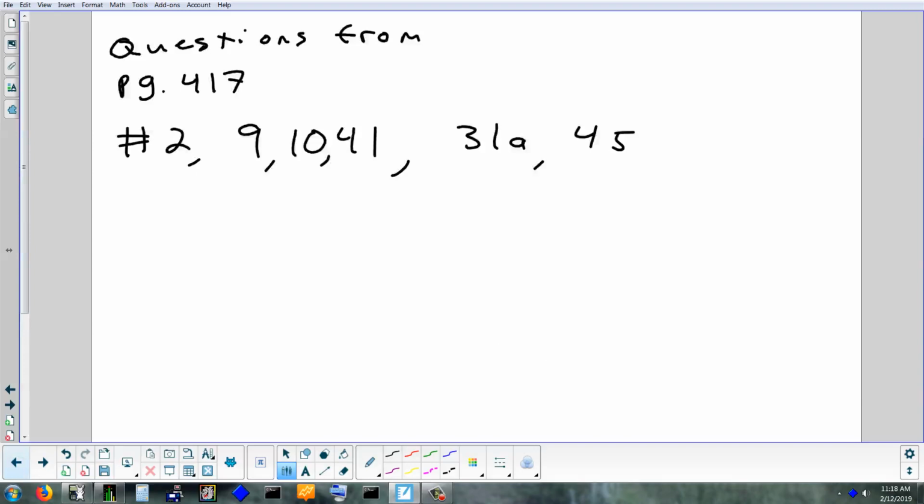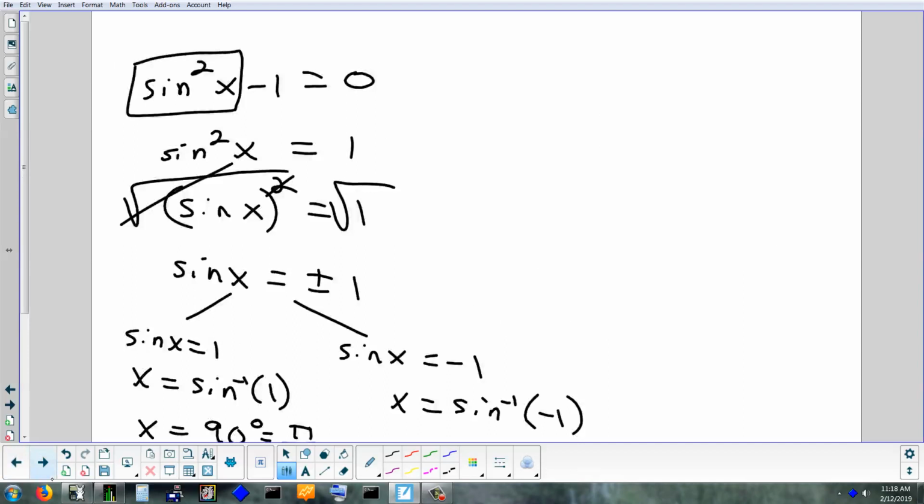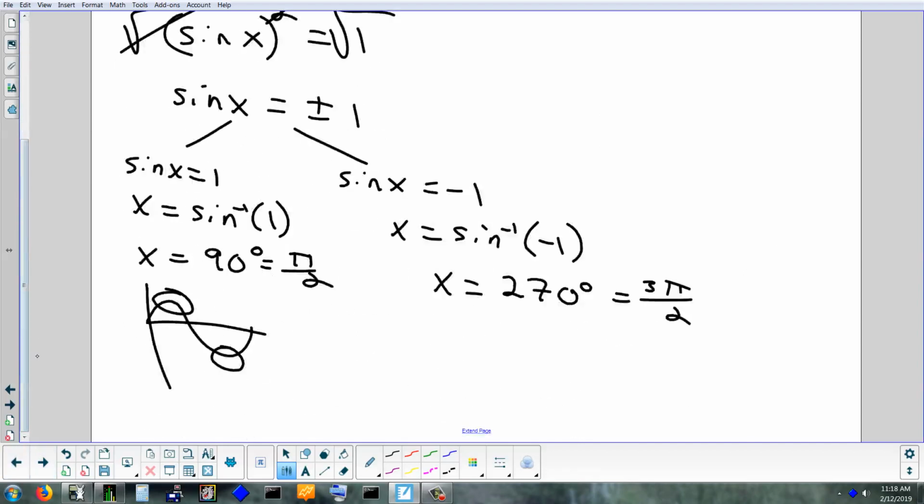For like 34, when we got the pi over 2, is it okay if we made that into a decimal? For 34? You did 41. Oh, 41. So for 41, if you made that into a decimal, so you put 1.41 and 4.71. Yeah, because I just did it on the calculator.